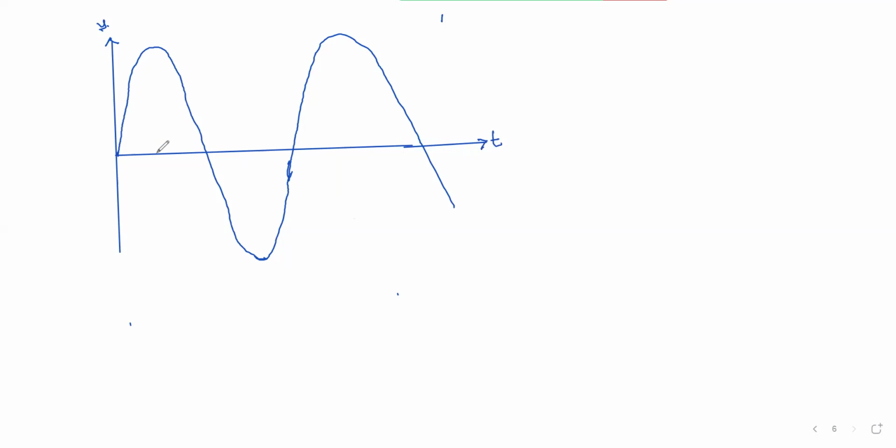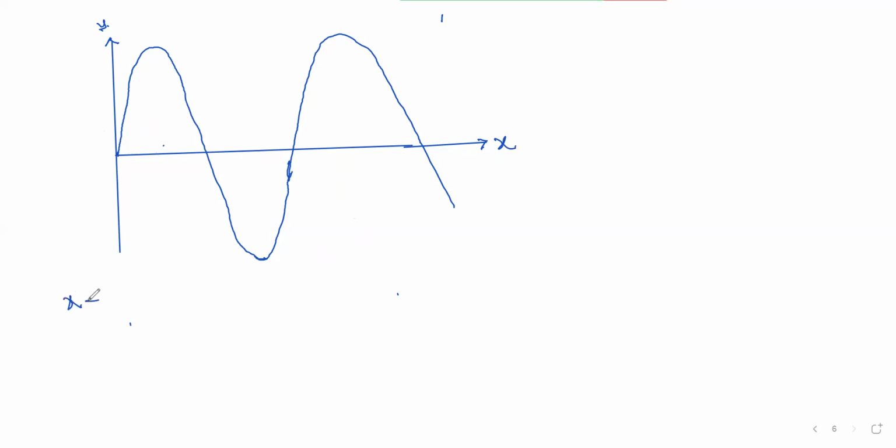So we are drawing a wave, the wave profile. This is the displacement of the wave. This is x. Please, the x, which is the horizontal, represents the equilibrium position of the medium.